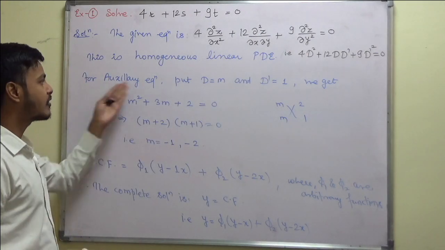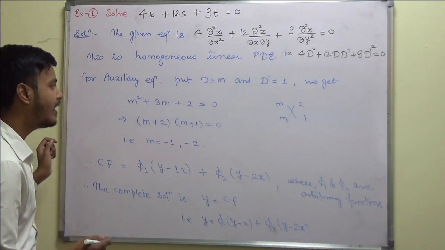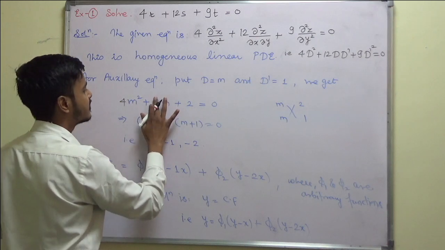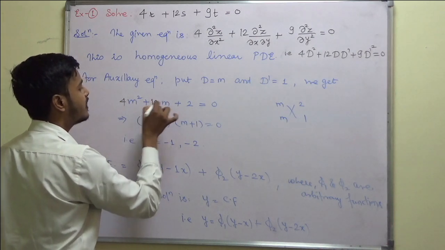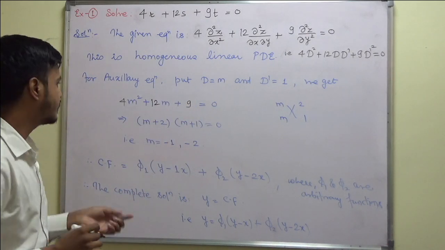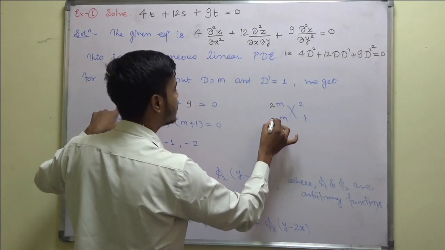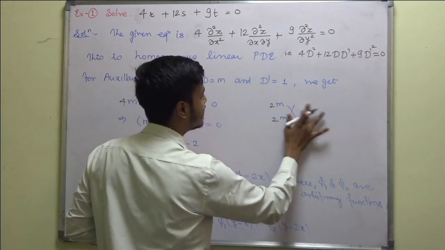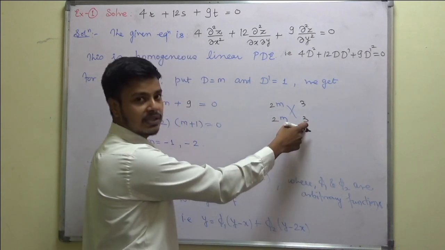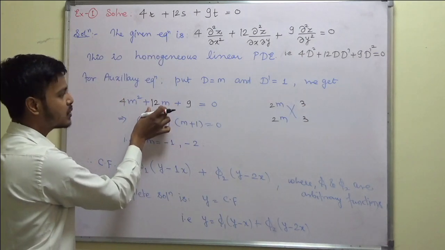So to get the auxiliary equation, we put d is equal to m and d dash equal to 1. So what will we be getting? We'll be getting 4m square plus 12m plus 9 is equal to 0. So factors for 4m square is 2m into 2m and factors for 9 is 3 into 3. 2m into 3 is 6m and 2m into 3 is 6m. 6m plus 6m is 12m.